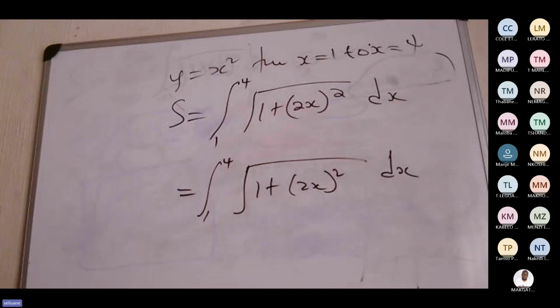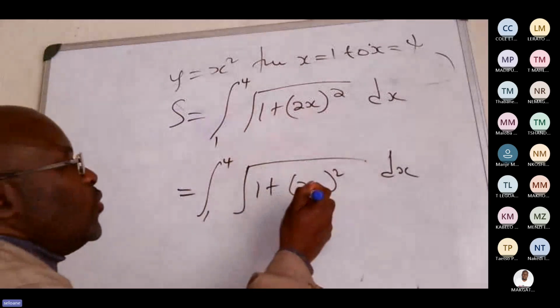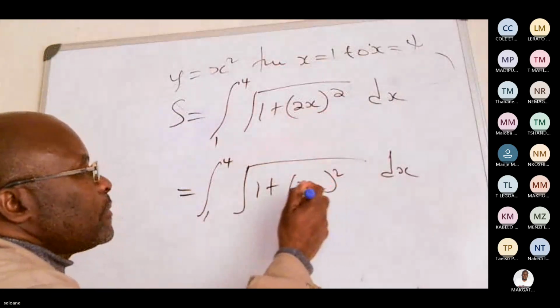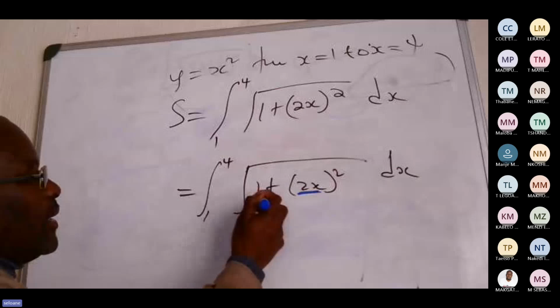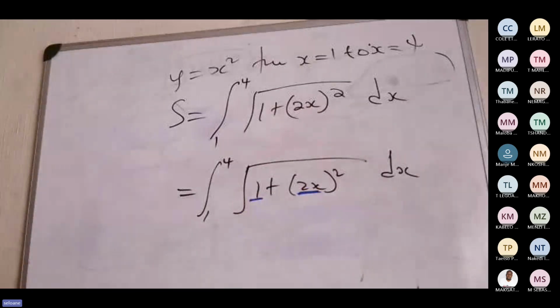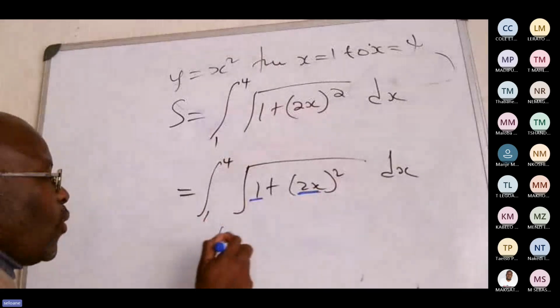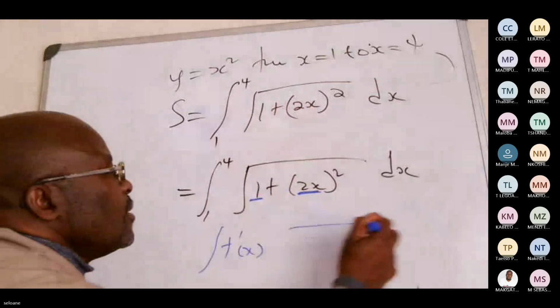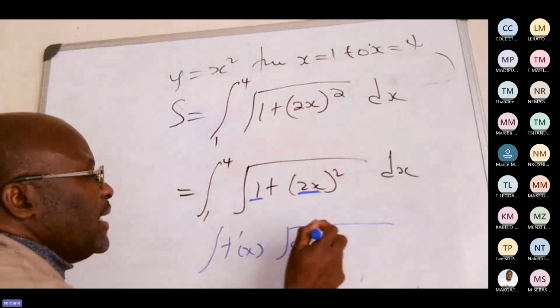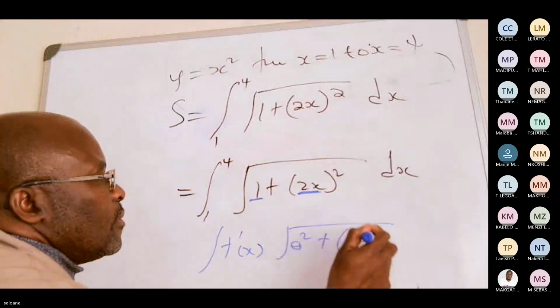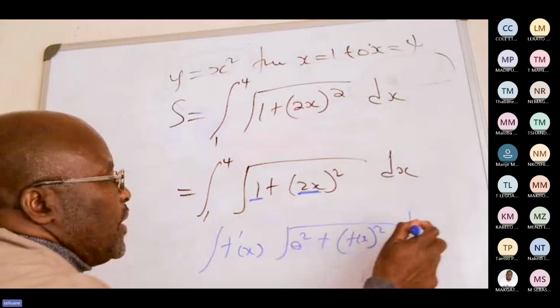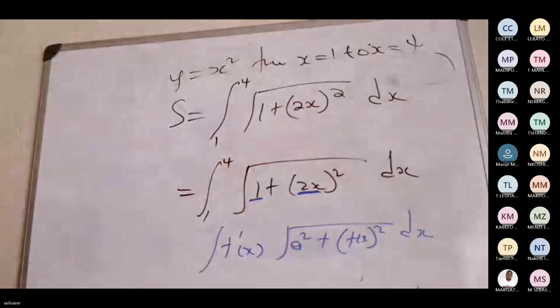That is where you choose this one as your f, and this one as your a squared. We will now be looking at this formula.